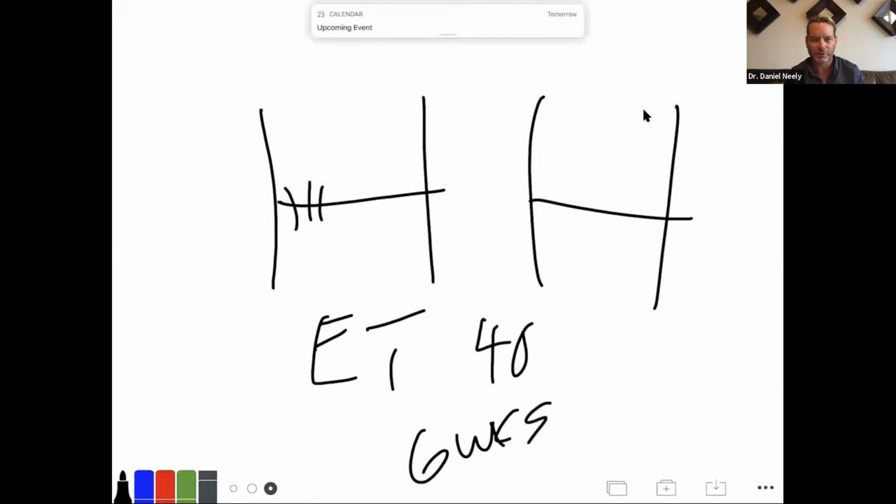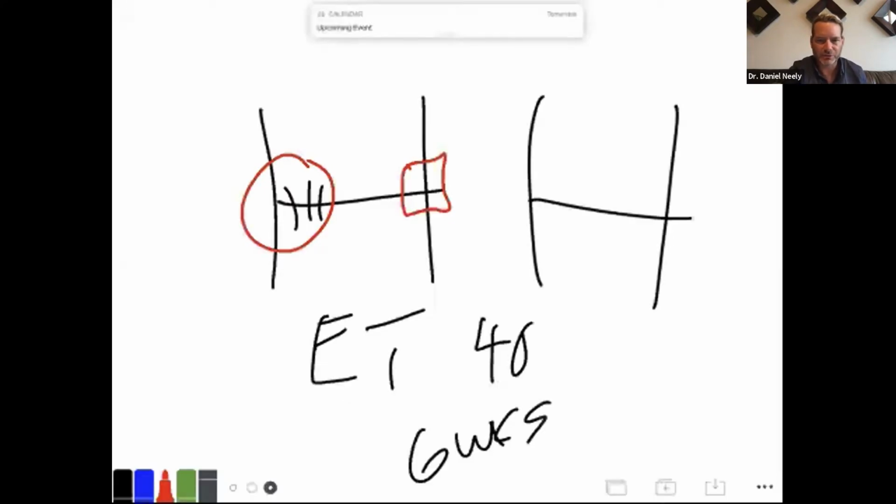All right, well, they have such limited motility here. What we don't want to have happen is we don't want this antagonist medial rectus muscle to contract, right?